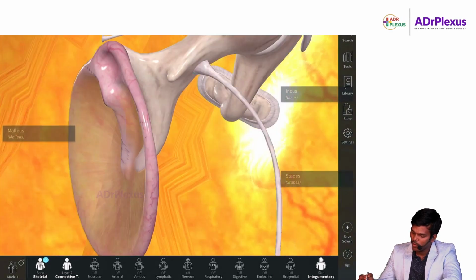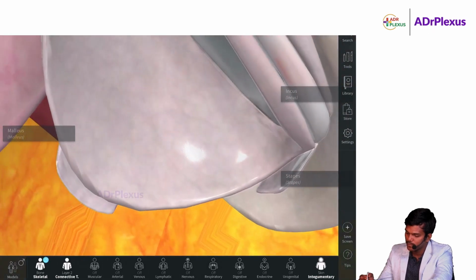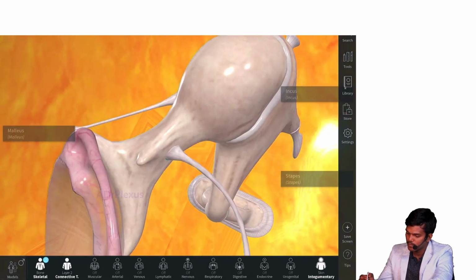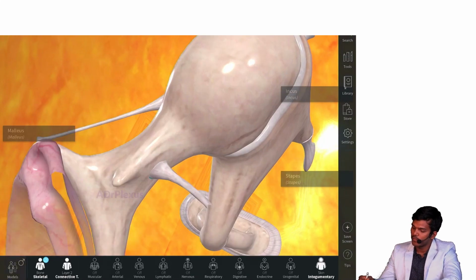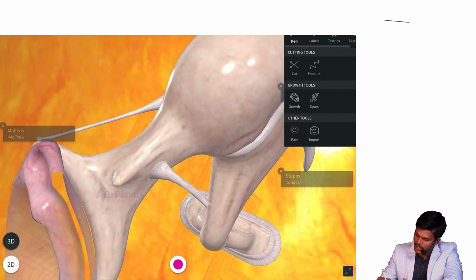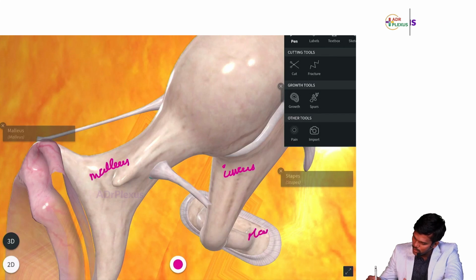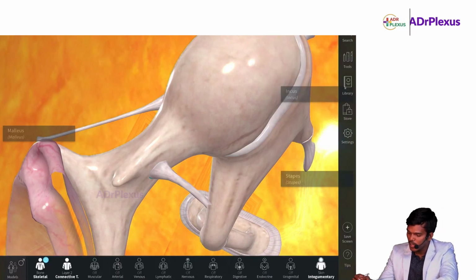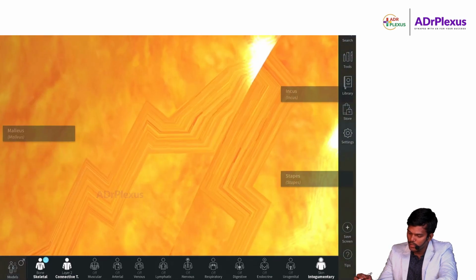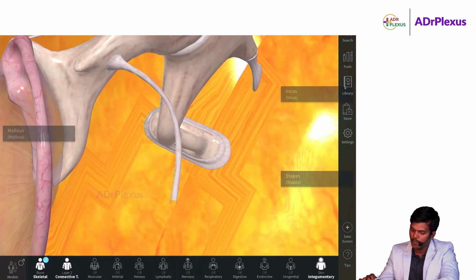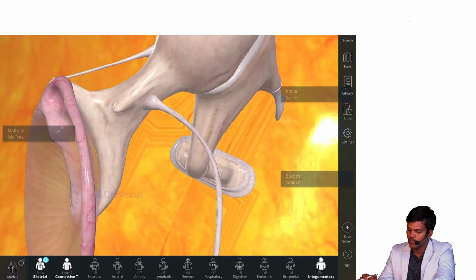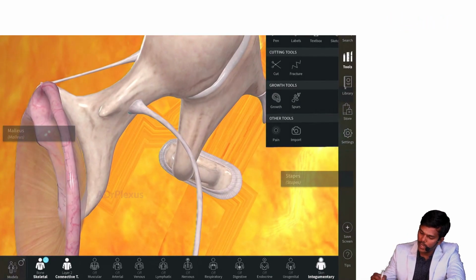So what are the ossicles that we know? We know malleus, this is the incus, this is the stapes. So three ossicles, malleus, incus and stapes. Okay, now let's look into each ossicle separately. Now you look, this is our malleus.